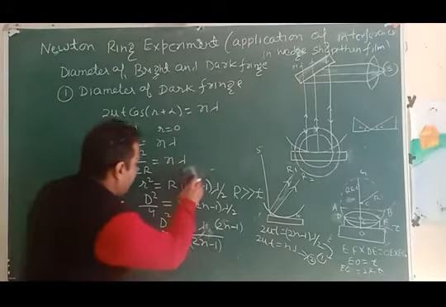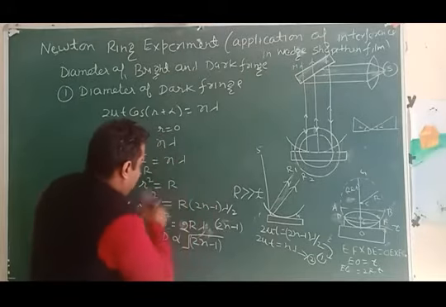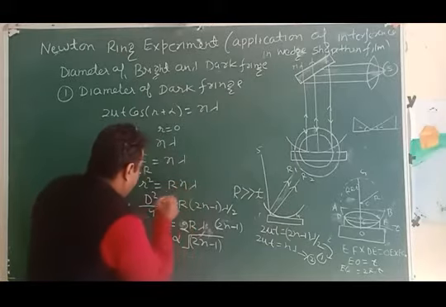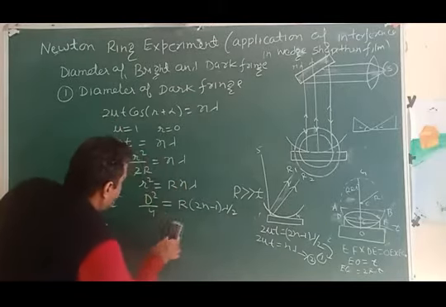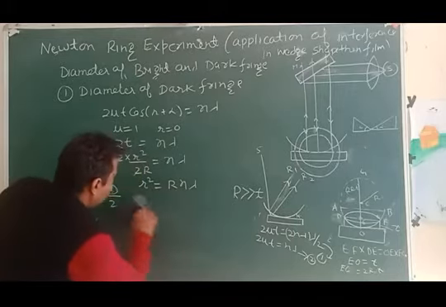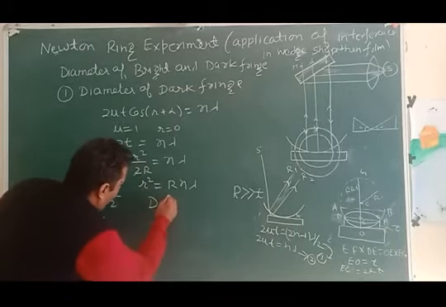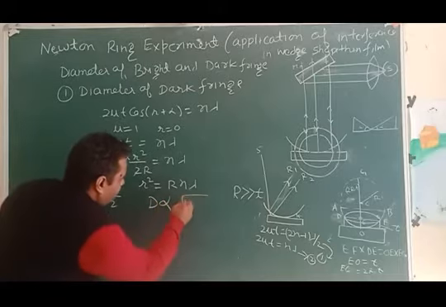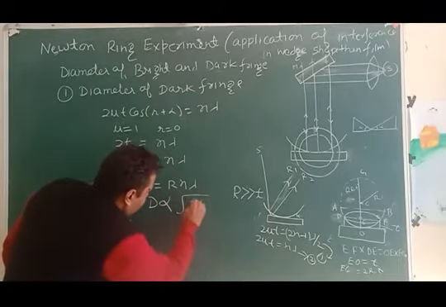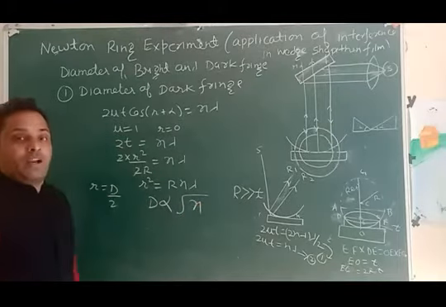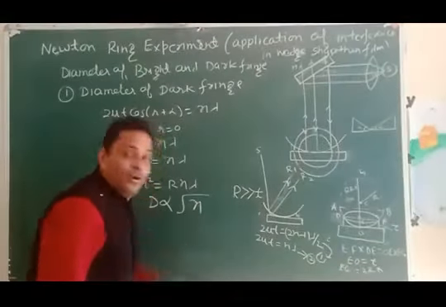Understand? So here, this is basically n lambda, and here we have seen that the diameter of the bright fringe is 2 root of natural number.